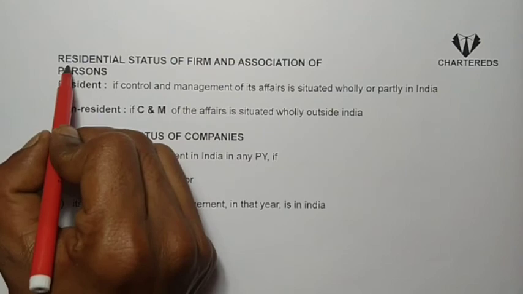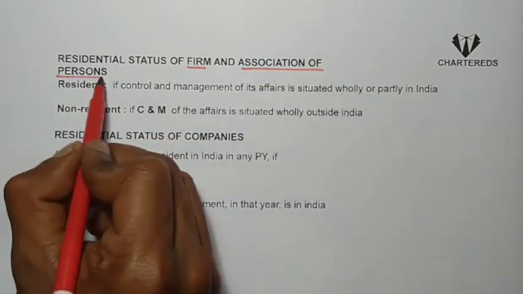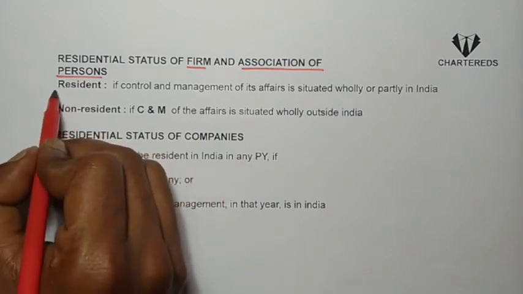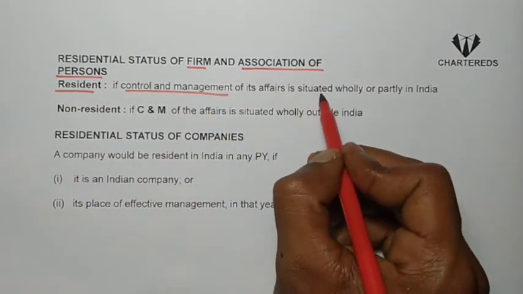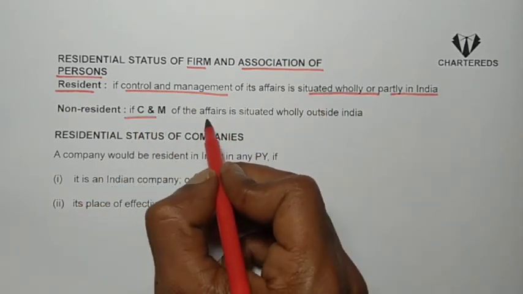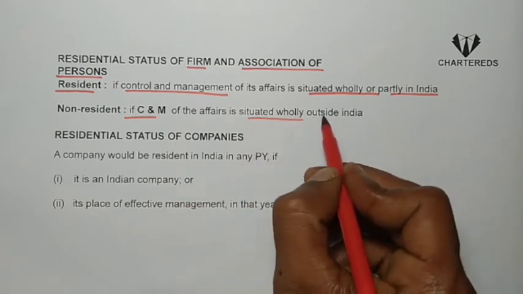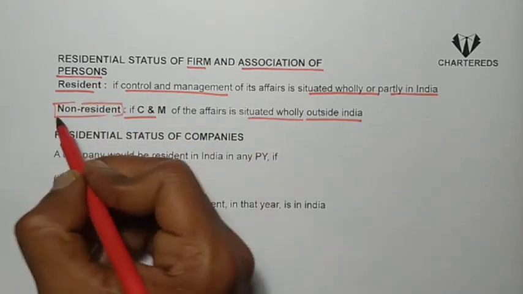Residential status of firm and association of persons: resident if control and management of its affairs is situated wholly or partly in India. Non-resident if control and management of affairs is situated wholly outside India, same as HUF.